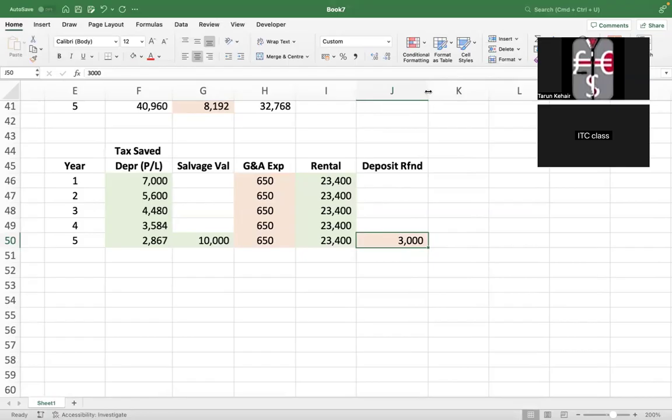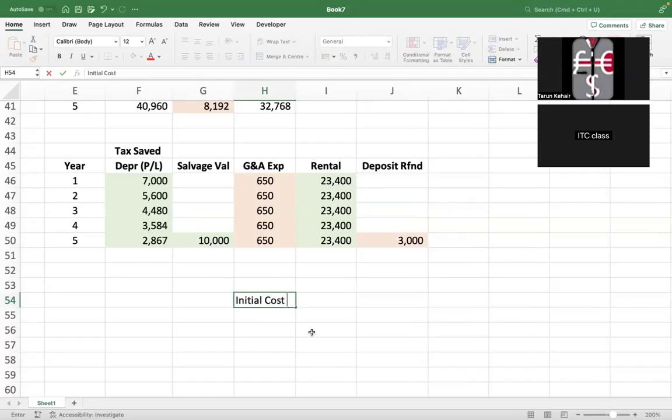Yeah, it's not mentioned, so we can ignore that. So, but that 3,000 amount in the first year. हाँ वो add करेंगे. That when we do the initial investment, we'll add it. Correct. So we will now prepare our initial schedule. So initial investment, initial cost of the asset is how much?